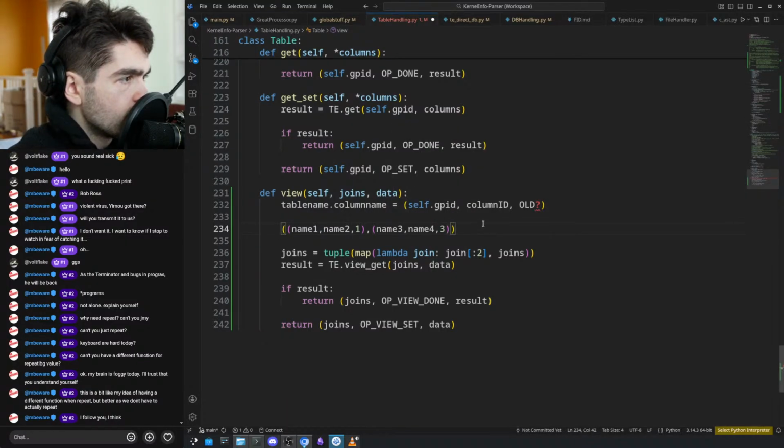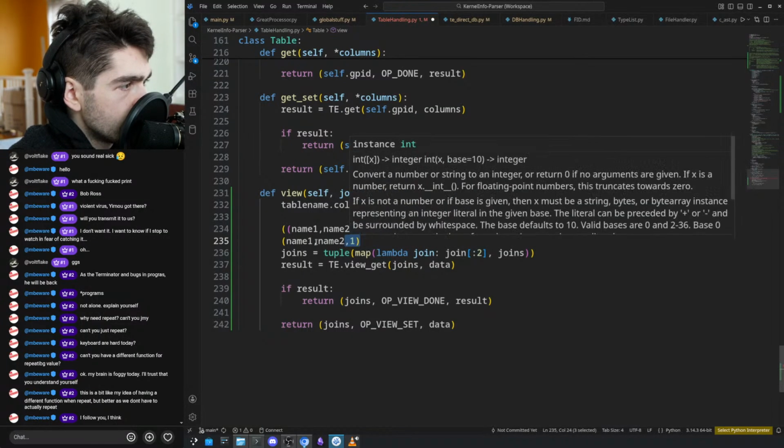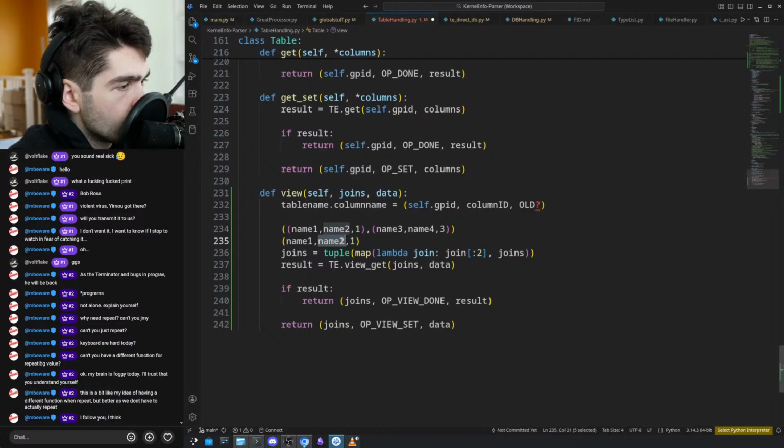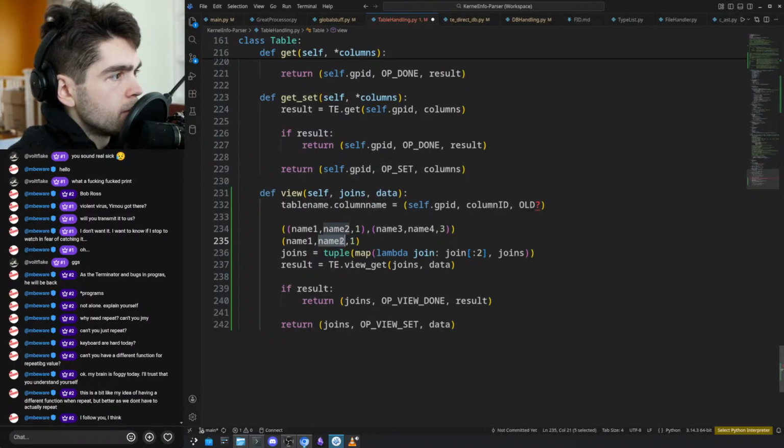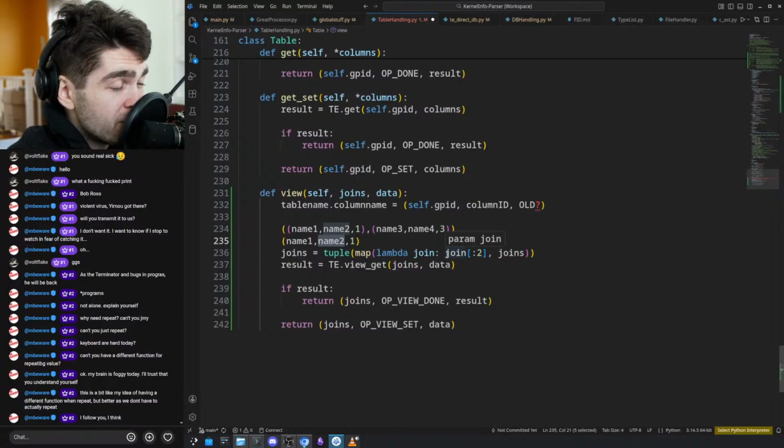Okay, so this is what should be stored inside of joins. Now when we do map joins, we are essentially treating this now. So when we're doing this, we're messing ourselves up because we're removing this. That's not what we want. We want to remove the internal here. So essentially we need a new map.